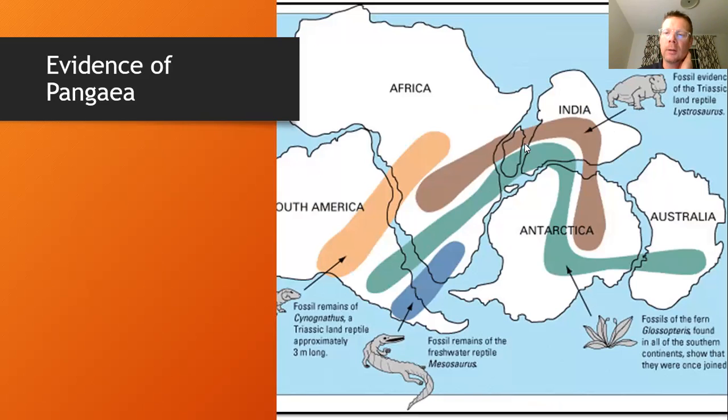Here's another look at part of Pangea that includes Africa, South America, India, Antarctica, and Australia. And there's evidence that Pangea existed because there is a similar fossil record for a number of fossils across the continents that makes it seem as if a number of these creatures lived at the same time in the same region.